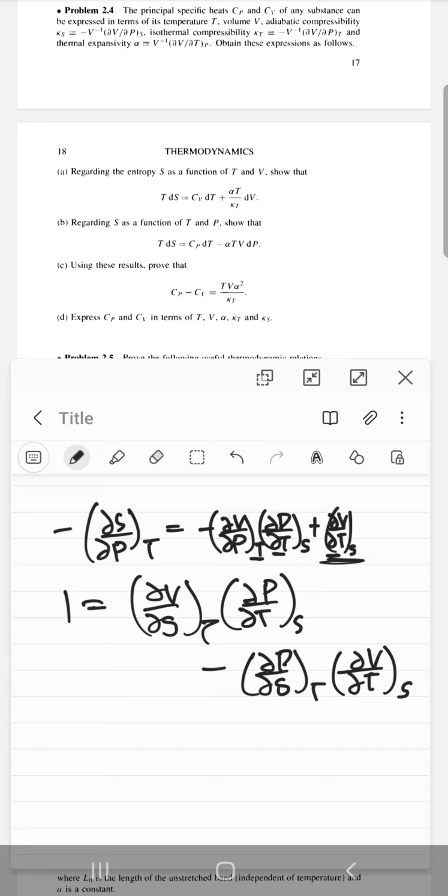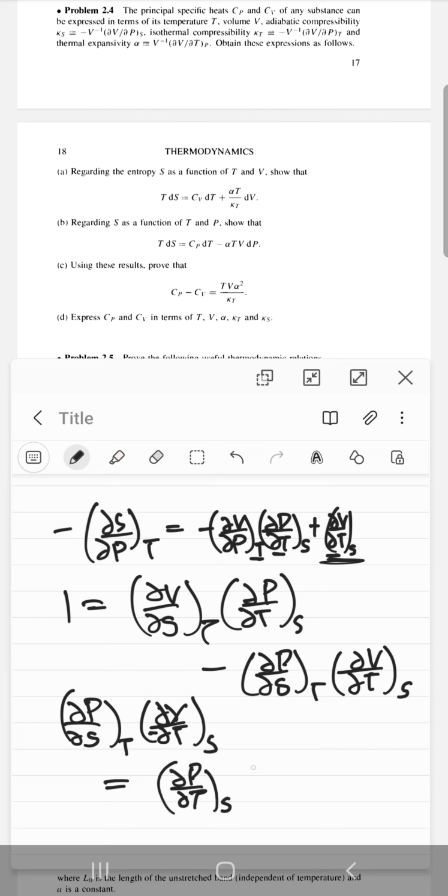Yeah, okay. So what you'll just have is something like partial p upon partial s at constant temperature, partial v by partial t at constant entropy, is equal to partial p upon partial t at constant entropy, partial v by partial s at constant temperature, minus 1. And guess what?